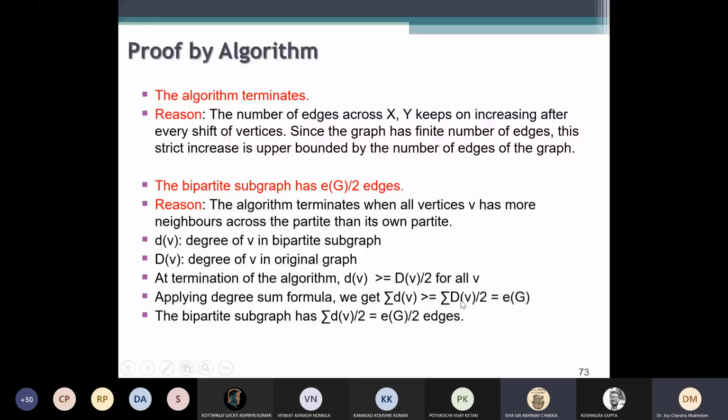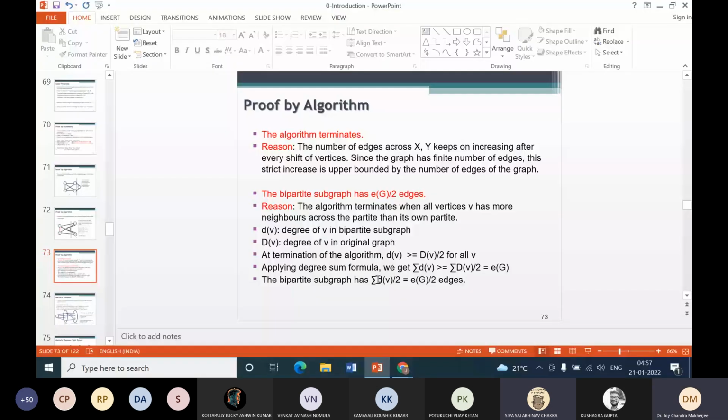So we have proven that at the end of the algorithm, the summation of d_v, that means the summation of all the vertex degrees of the bipartite subgraph, is at least |E(G)|. Okay. So if this is |E(G)|, then the bipartite subgraph has the summation of d_v by 2 edges. So it is |E(G)|/2 edges. So it has at least |E(G)|/2 edges.